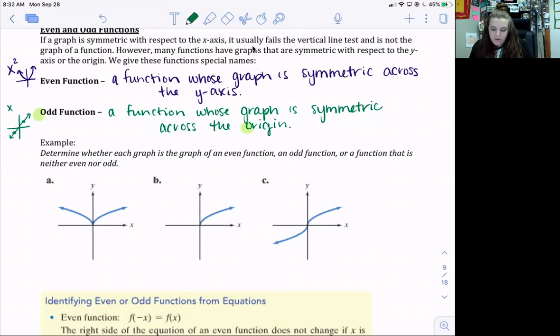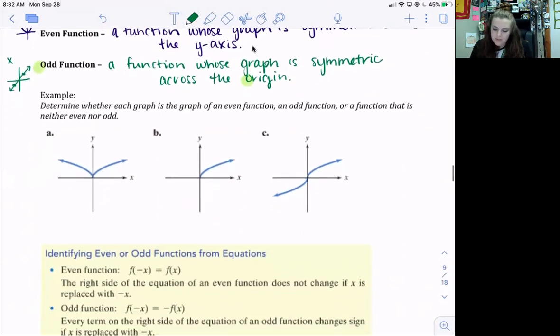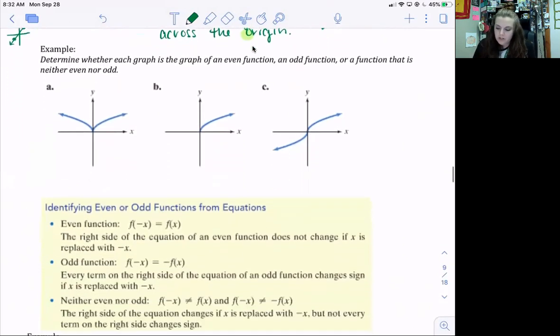All right, so determine whether each graph is the graph of an even function, an odd function, or a function that is neither even nor odd. All of these graphs pass our vertical line test. If we look at A, can we draw a line of symmetry? Well, our y-axis cuts our graph in half, which means it is even.